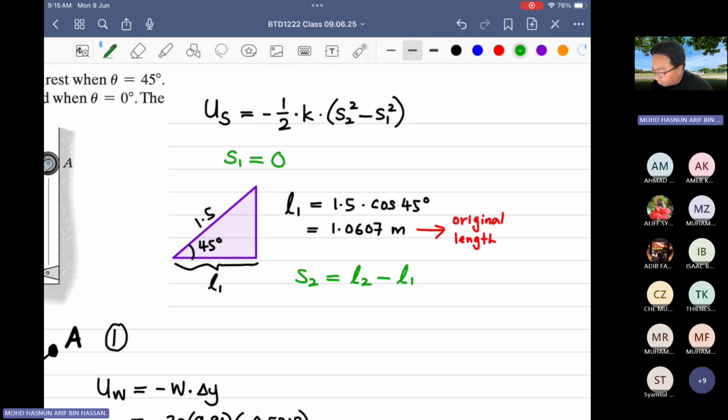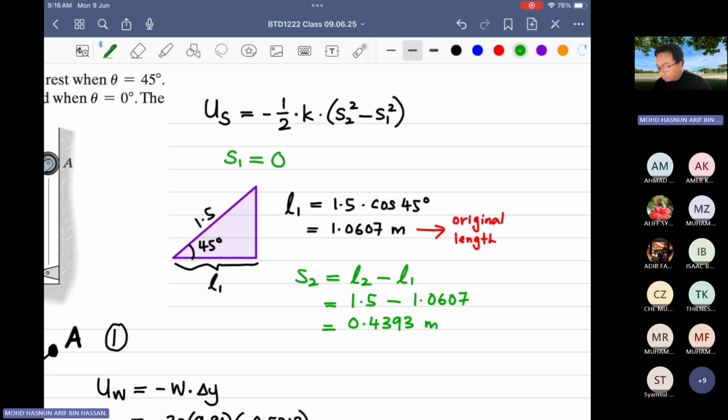Okay, L2 minus L1, which is 1.5 minus 1.0607. Therefore, we get S2 is equal to 0.4393. Okay, 0.4393 meter.